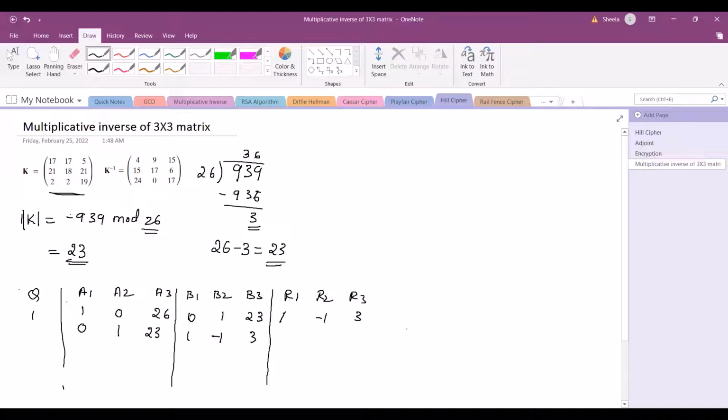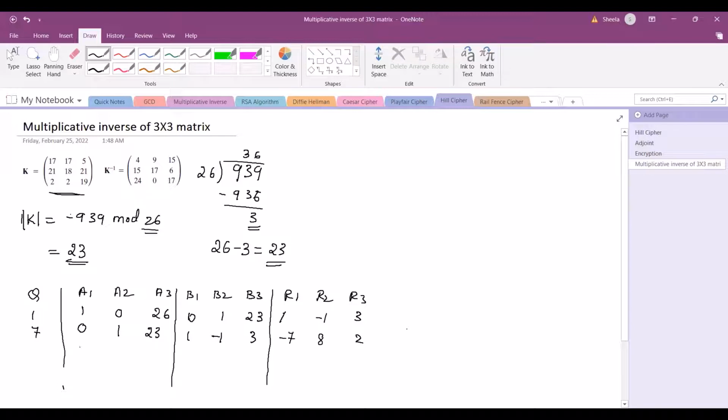Here we are going to get the corresponding quotient. 23 by 3 means the quotient is 7 and the remainder is 2. So again you find the R1 and R2. So this is minus 7 and this is 8. Since the remainder is not 0, once again repeat the process.